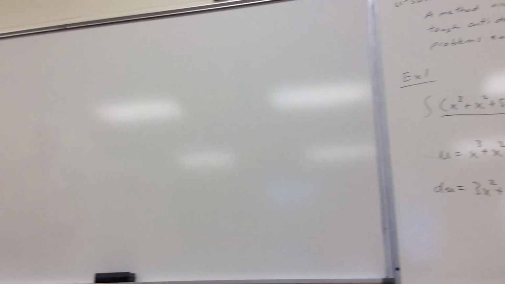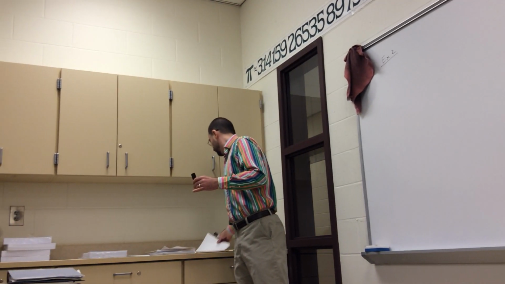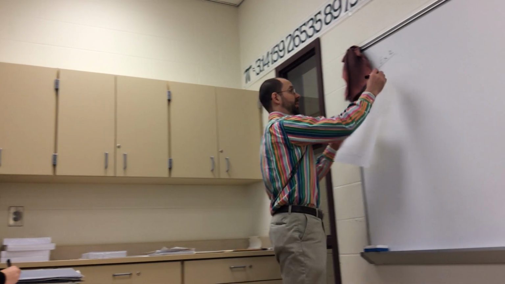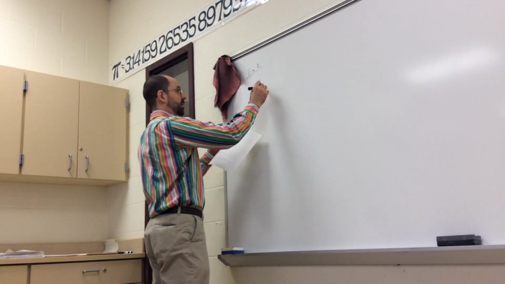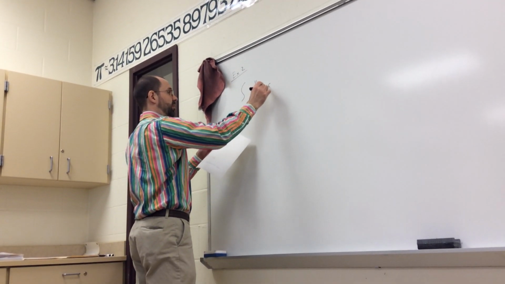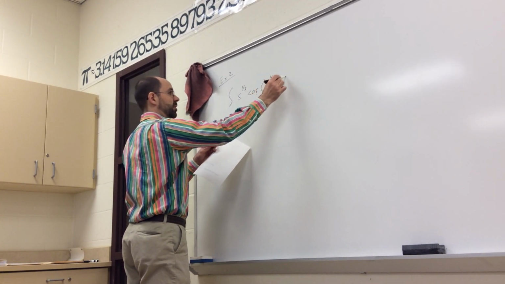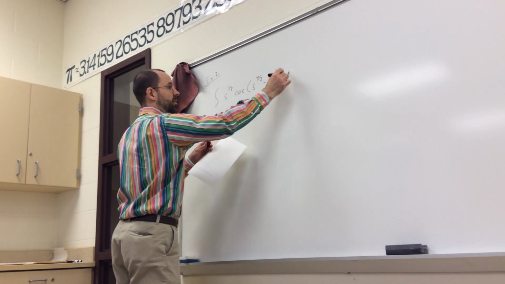So for example 2, I've got the antiderivative of s to the 1/3 times the cosine of s to the 4/3 minus 8.